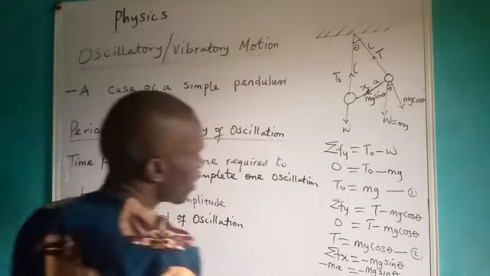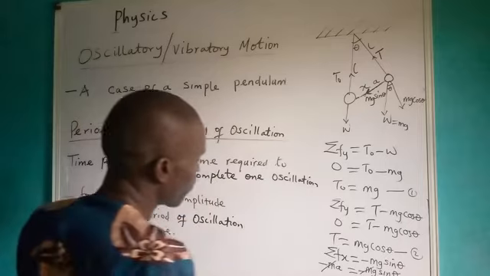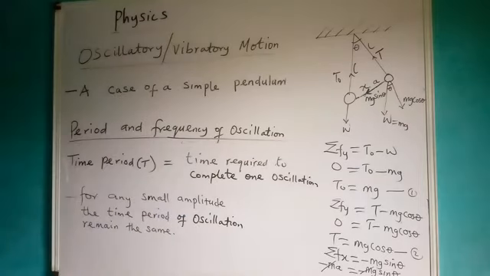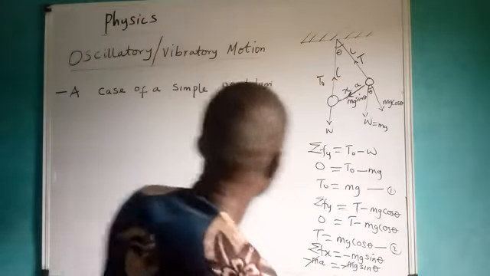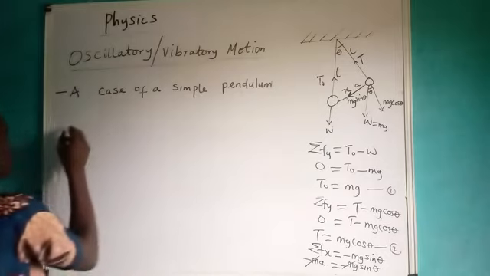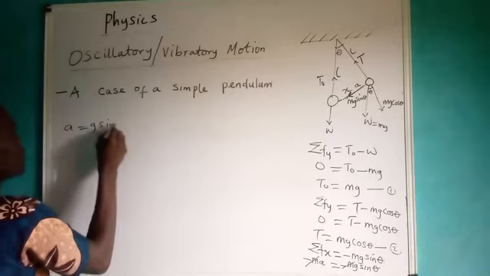Now minus m can cancel minus m. What is left there is a equals g sin theta.